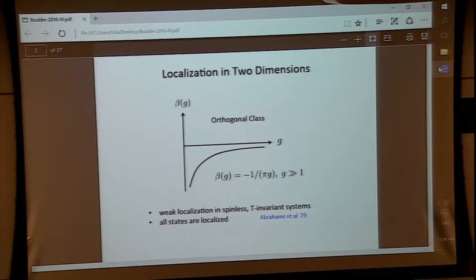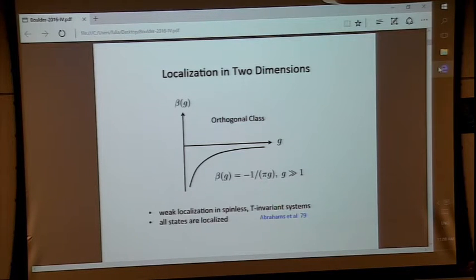And further, if we start with a good metal, where we use the classical formula for conductance, on top of that we can include the so-called weak localization corrections. This is basically due to quantum interference effects. Electrons can go through different trajectories in the presence of disorder, and they interfere with each other.